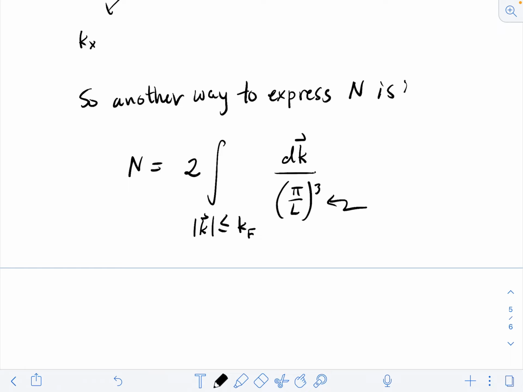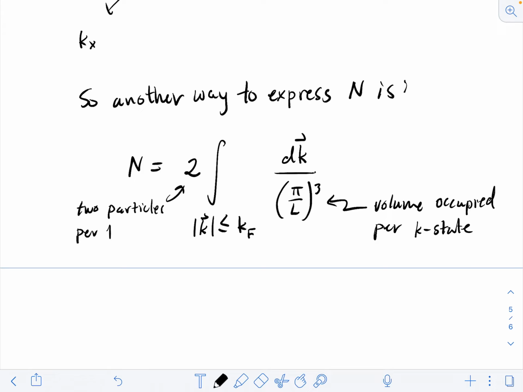So this pi over L cubed is the volume occupied per k state, and this is 2 particles, 1 spin up, 1 spin down, per k state.